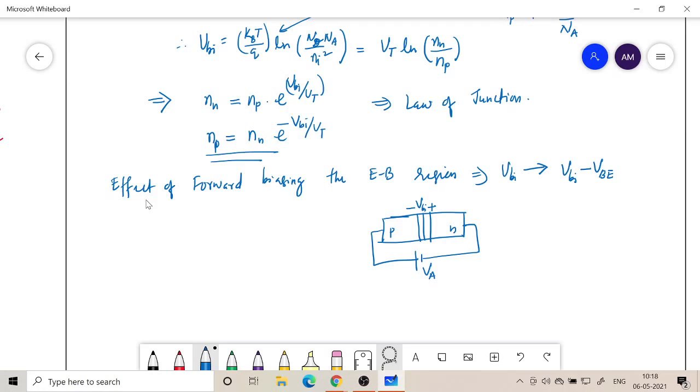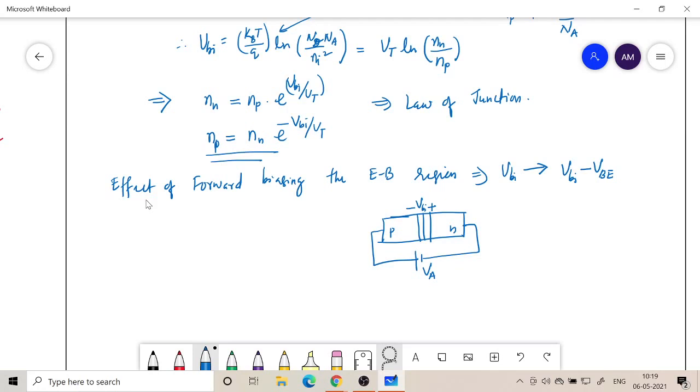The physics of why the current increases when you apply forward bias is this: the externally applied voltage will remove the barrier. What was opposing the further flow of current? The internally developed built-in voltage was opposing the diffusion across the junction. But now we apply an external voltage to oppose the built-in voltage, and we suppress the effect of the built-in voltage by the external voltage, thereby permitting the diffusion as it happened at the beginning of creating the junction.